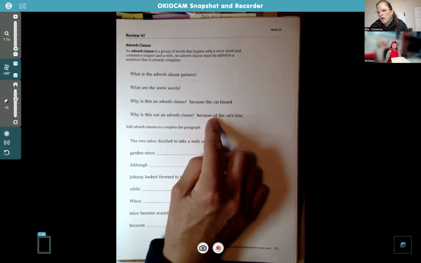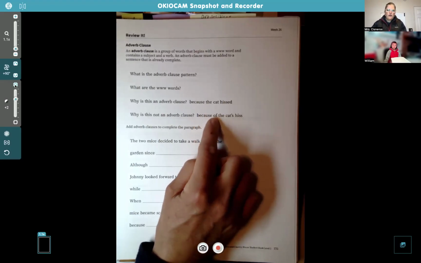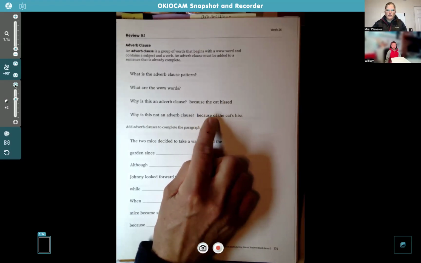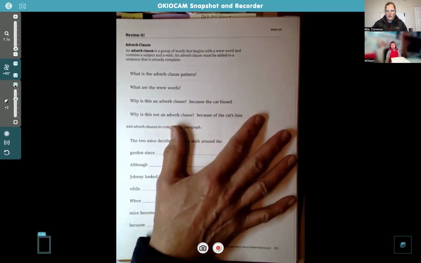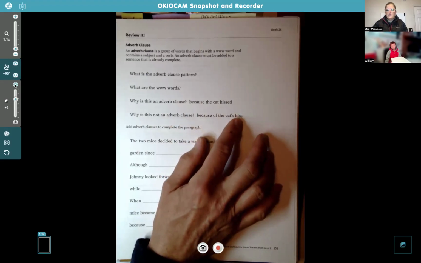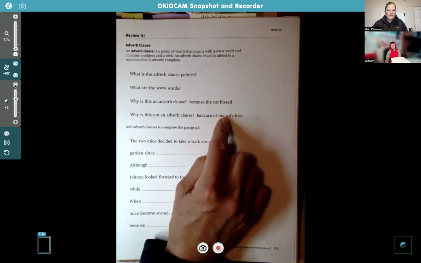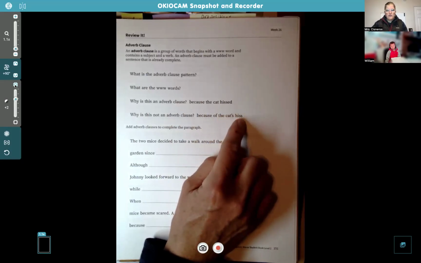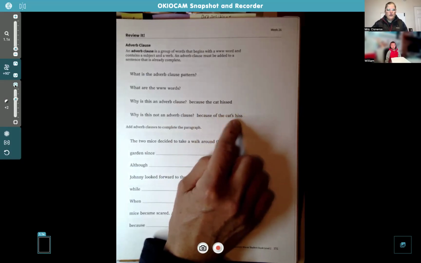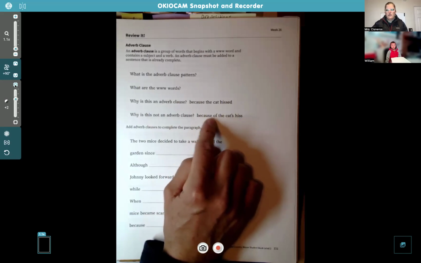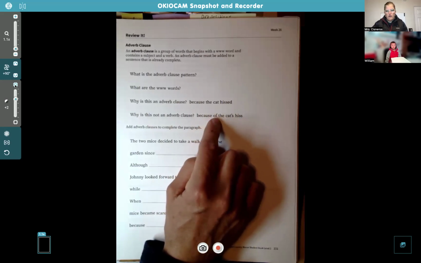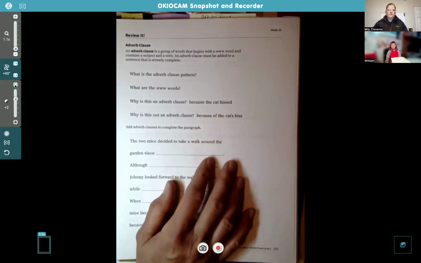Remember, when you use of, it changes it to a prepositional phrase, because of. And then we also don't have any verbs here, because hiss, it's saying the cat's hiss, like the hiss belongs to the cat. So that makes it a noun instead of a verb. So this is not an adverb clause because, first of all, it doesn't even have a WWW word. It has because of, which is a preposition, and there's no verb.